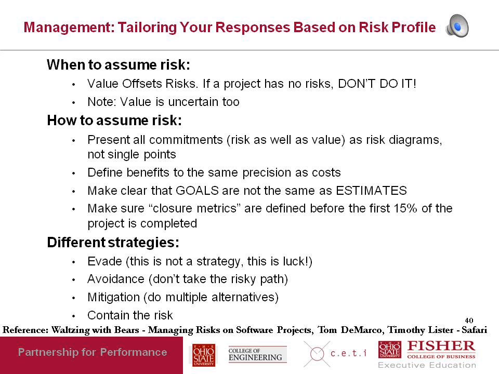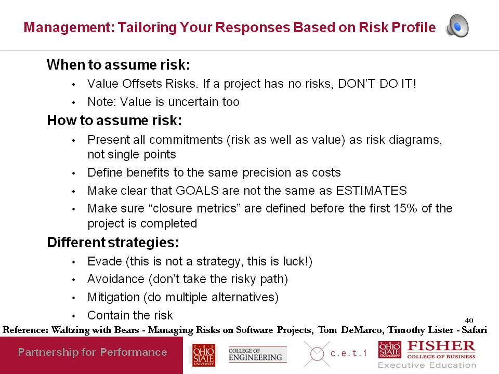Risk mitigation is, for example, training the people in .NET before taking on the project. Expending cost in reducing the probability of the risk or the extent of the risk is known as risk mitigation. So for example, you could have two teams, one that does it in .NET and one that does it in J2EE, with the idea that if the .NET project fails, then at least you have the J2EE one.